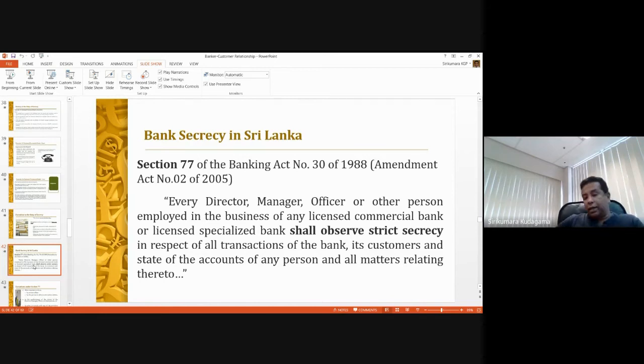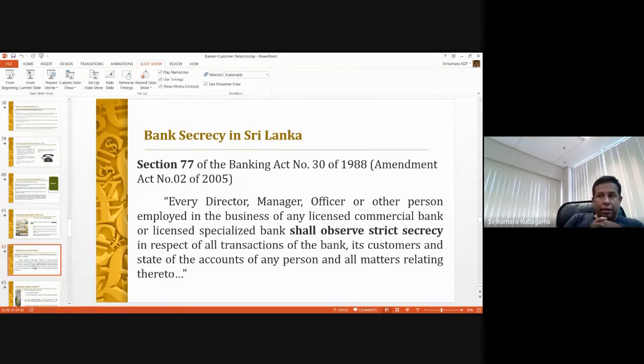Anyone in the banking institution is supposed to observe strict secrecy in relation to all transactions of the bank, its customers, and state of the accounts of any person, and all matters relating thereto. All these things are supposed to be covered by banks. They cannot divulge information pertaining to transactions, customers, and so on.